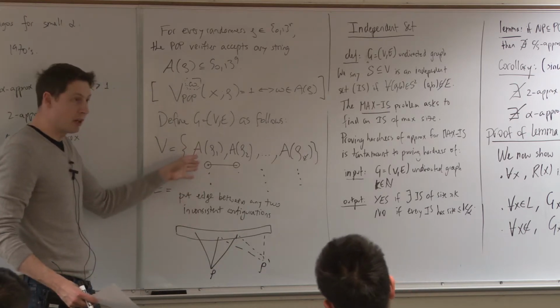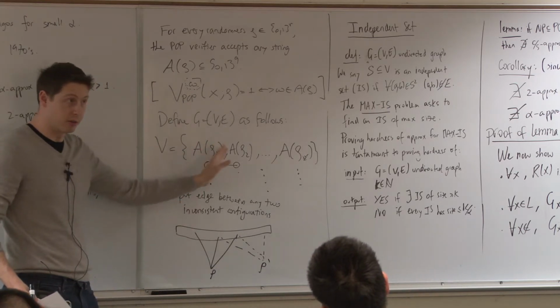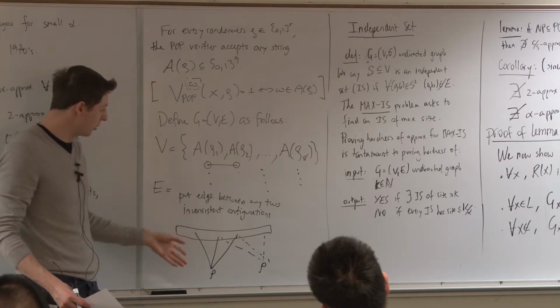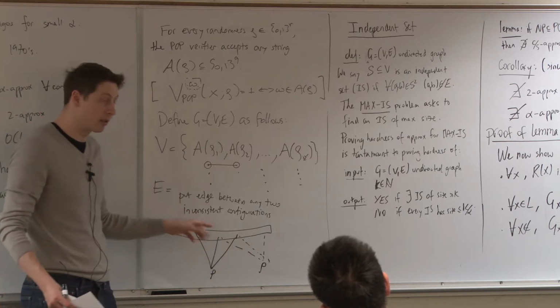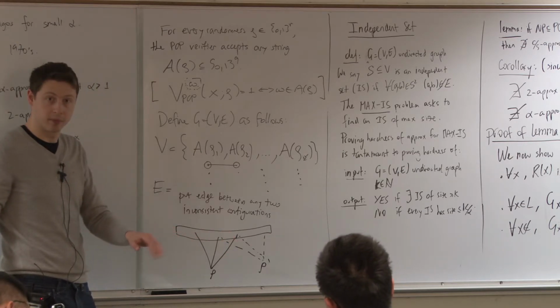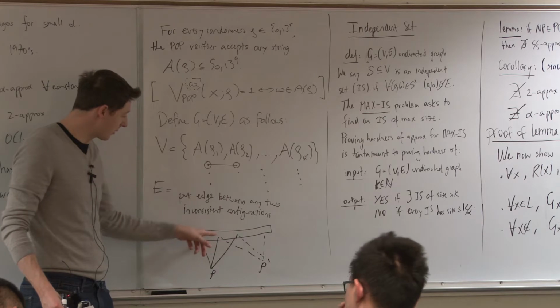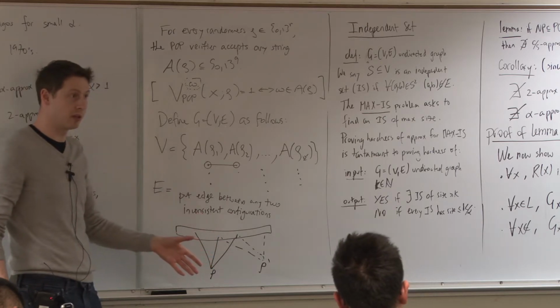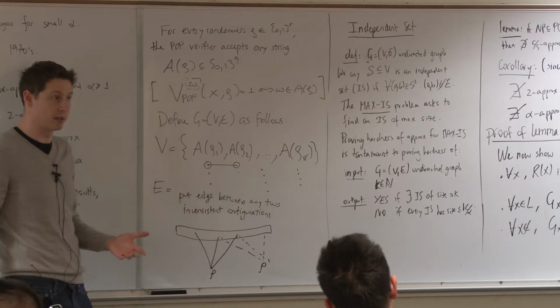Now, remember that for each randomness, I'm considering all possible configurations. So there could be configurations between row and row prime that agree on these two locations. I don't put an edge between them. But if these disagree on either this or that point, then I will put an edge between them, because I don't want these two configurations to coexist in an independent set.